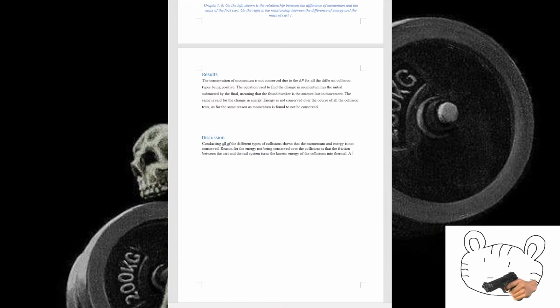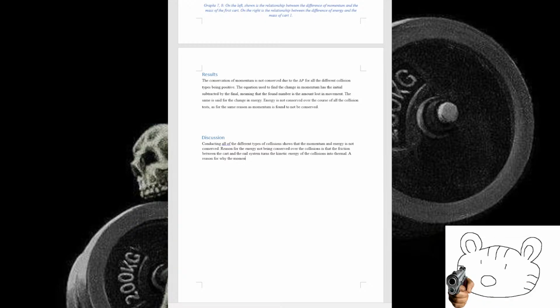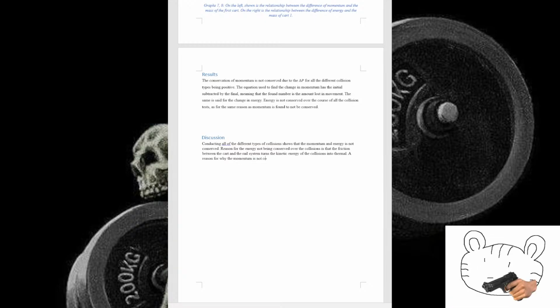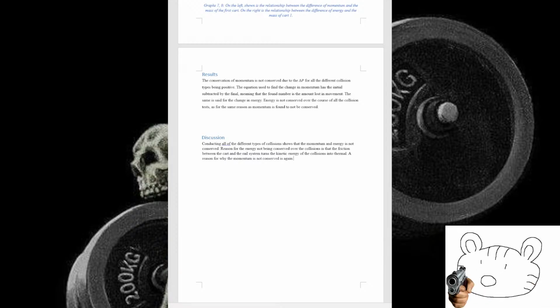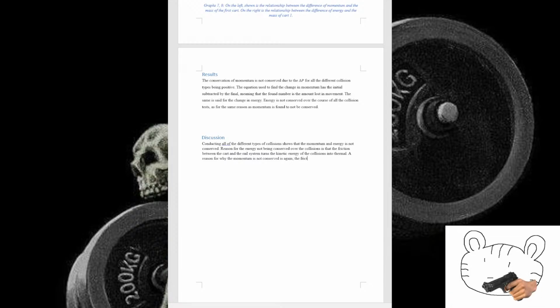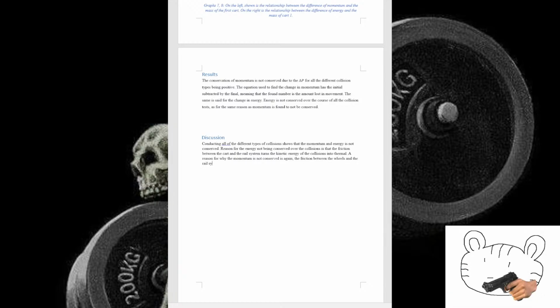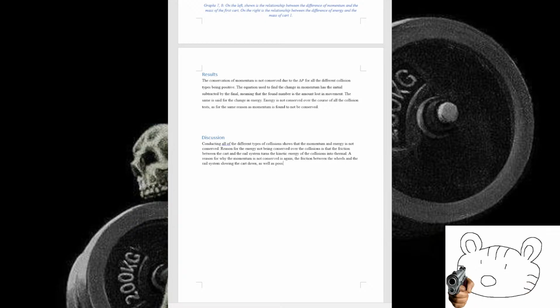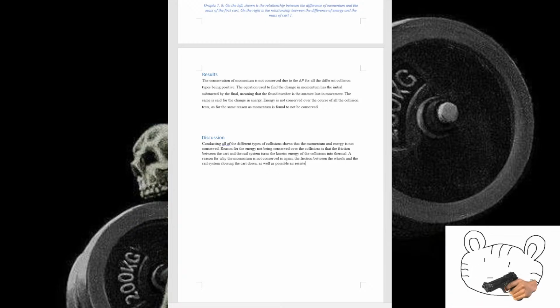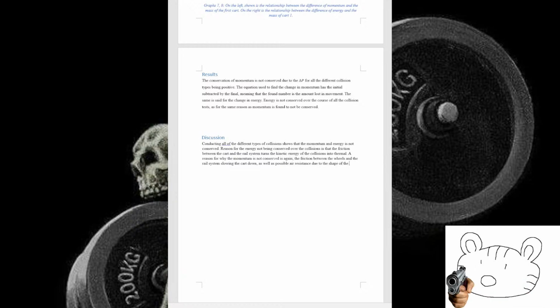A reason for why the momentum is not conserved is again the friction between the wheels and the rail system slowing the car down, as well as possible air resistance due to the shape of the carts.